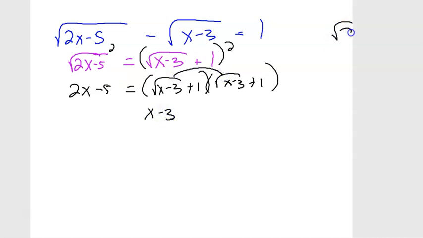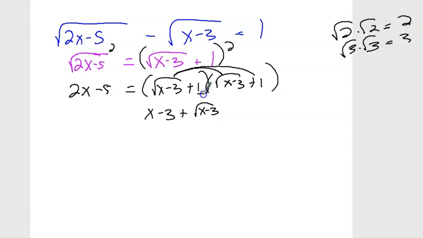Again, just like the square root of 2 times the square root of 2 is 2, the square root of 3 times the square root of 3 is 3. So the square root of x minus 3 times the square root of x minus 3 is just x minus 3. And then you have 1 square root of x minus 3, and then the same thing here. And then 1 times 1.